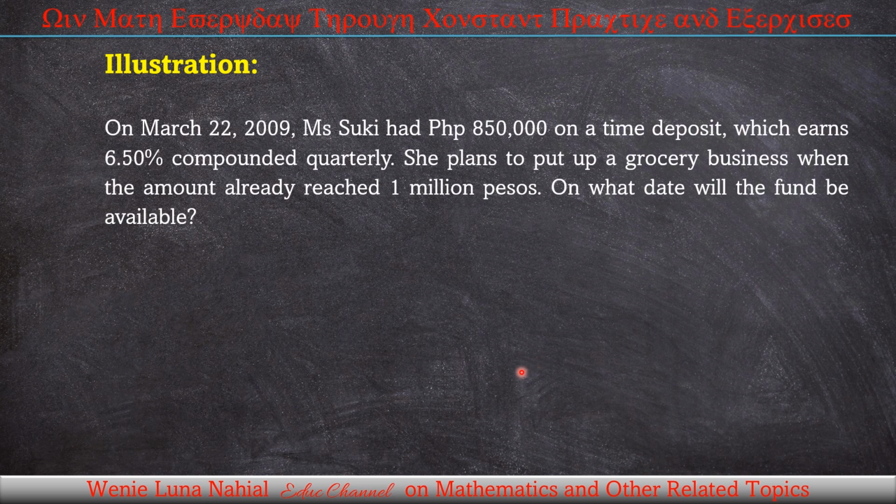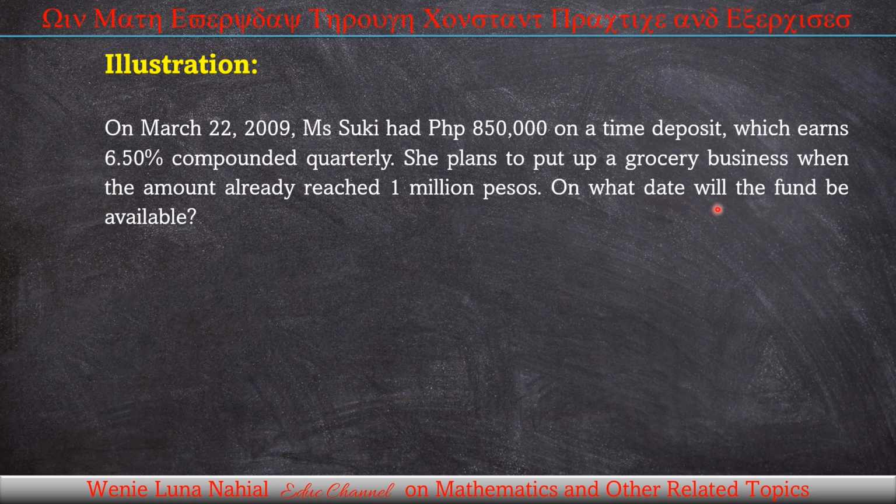Next illustration. On March 22, 2009, Miss Soki had 850,000 pesos on a time deposit, which earns 6.50% compounded quarterly. She plans to put up a grocery business with the amount already reached 1 million pesos.